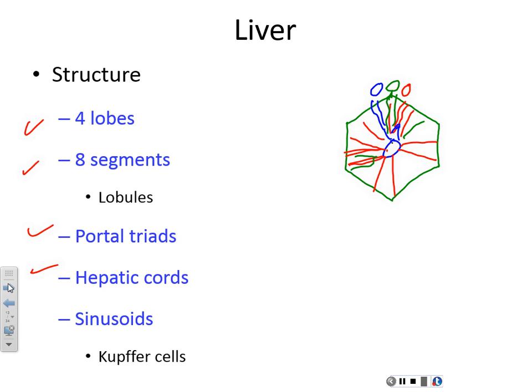Which then becomes the hepatic vein and so forth. So, you know the function of the Kupffer cells, the immune system cells, apart from the lymph nodules, Peyer's patches and stuff like that.